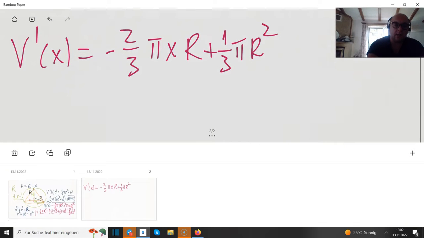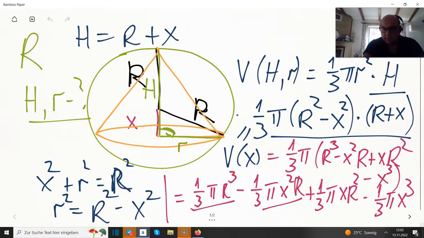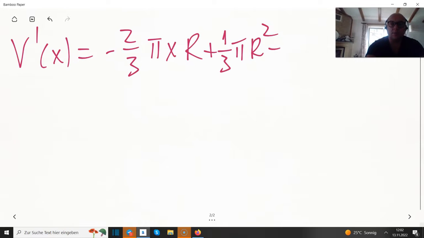And after that, we are getting just minus pi x squared. You see, this is a quadratic formula considering x, and we are going to find zero points of this formula. So we're putting it equal to 0.